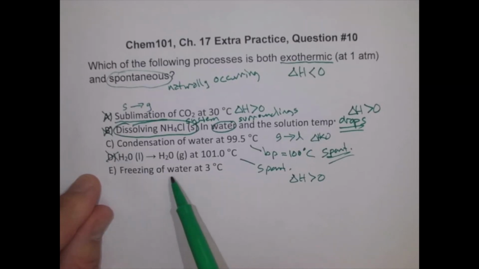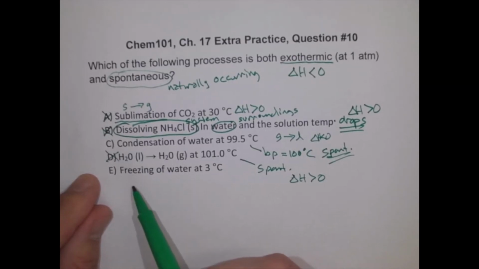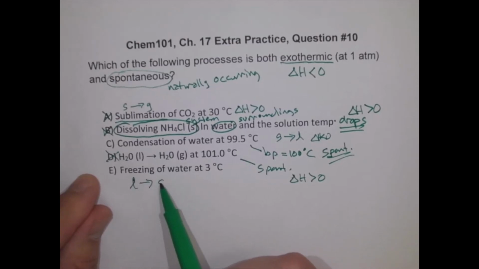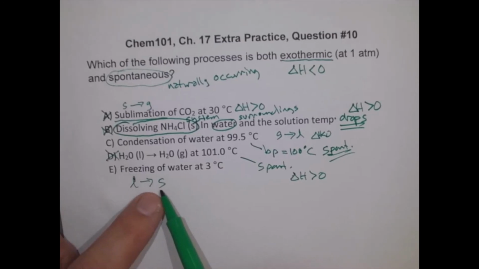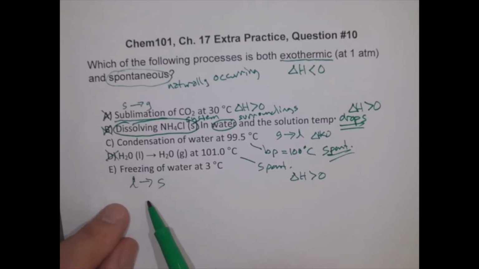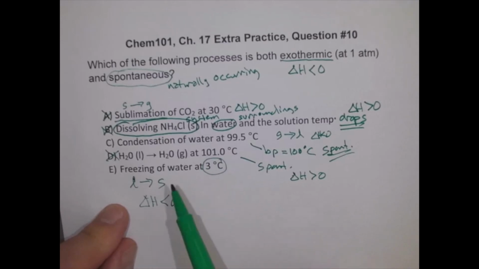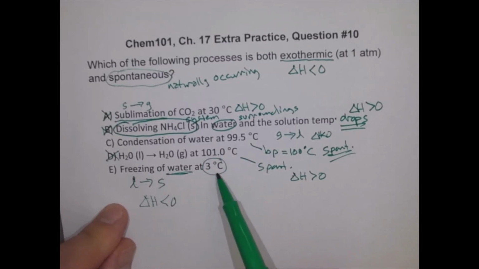And what about this one? Freezing of water at 3 degrees. So we know that for freezing, we're going from a liquid to a solid. And in order for liquid particles, molecules, atoms, whatever, to become solid, they have to release energy into the surroundings. So this is one where the enthalpy change is negative. It is an exothermic process. But the question is, does that happen for water at 3 degrees?